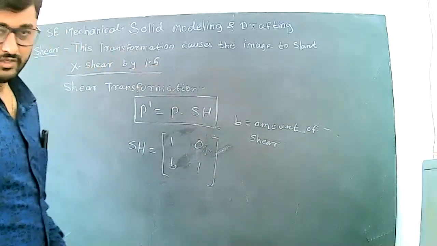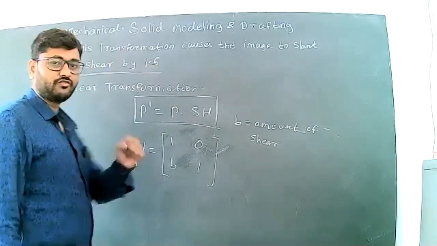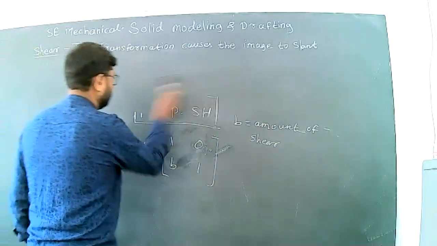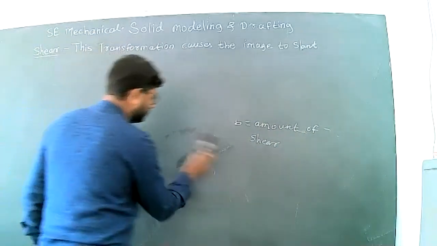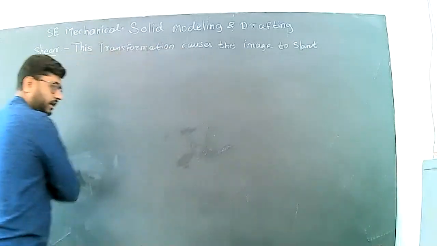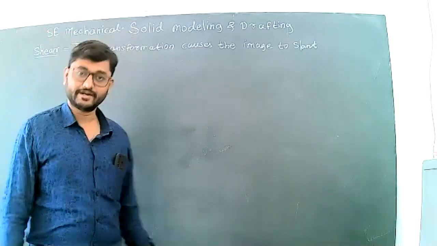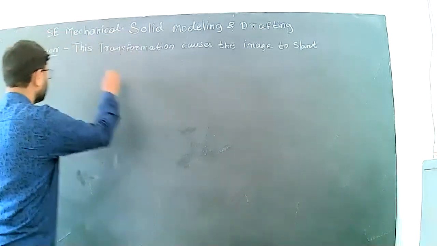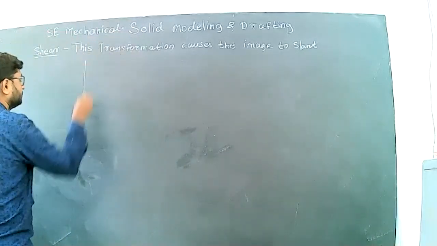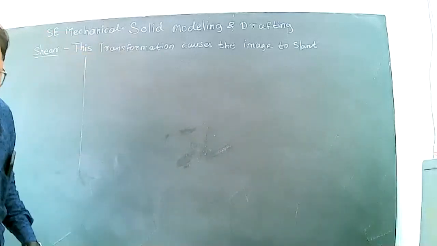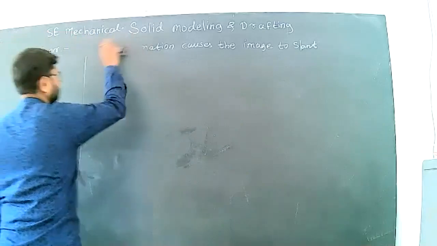So, students, here we consider the example of a rectangle. I will draw a simple coordinate system, x coordinate and y coordinate, showing the shearing of the rectangle. Here I draw a graph.